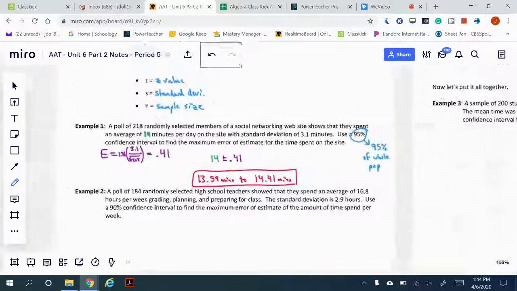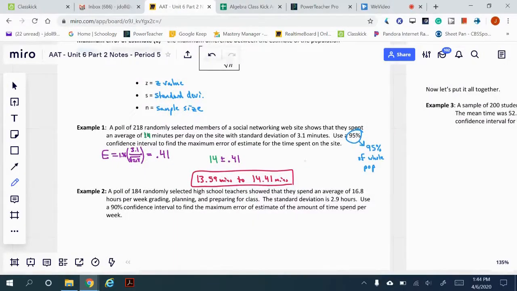All right. So essentially, we can expect that for a 95% confidence, 95% of the population, based on this sample, that the mean will fall somewhere between 13.59 and 14.41.